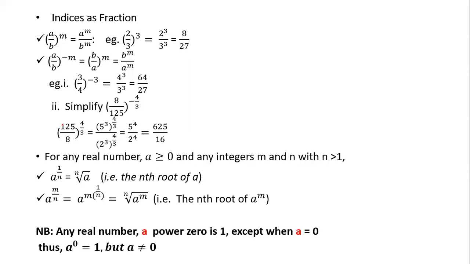And we can further express this one as 5 power 3, and we can also express this one as 2 power 3. So you get something like this, all multiplied by 4 over 3. And the answer now becomes 5 power 4 over 2 power 4, which will give us 625 over 16.